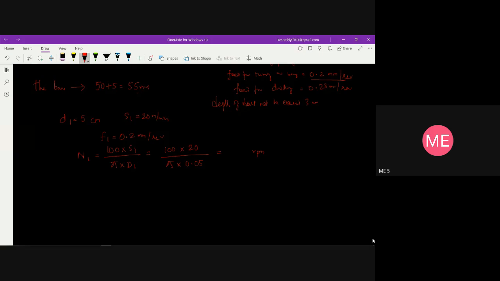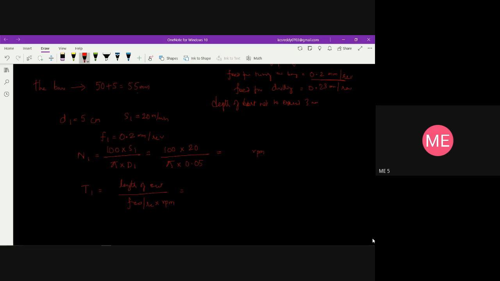Then we need to find out T1, that is the length of cut, how much turning you are going to do, because it is 60 mm. So I'll take it as 6 centimeter. Length of cut divided by feed per revolution into RPM.